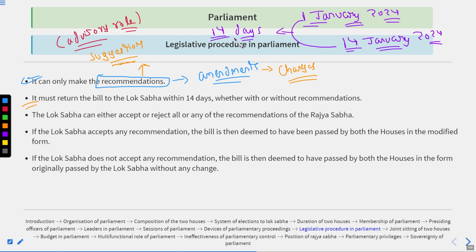Okay, within these 14 days, the Rajya Sabha is required to consider the bill and send it back to the Lok Sabha with or without recommendations. It is not compulsory that the recommendations are required. All right, the Lok Sabha can either accept or reject all or any of the recommendations of the Rajya Sabha. It means, suppose, for example, the Rajya Sabha gives 14 suggestions or recommendations.